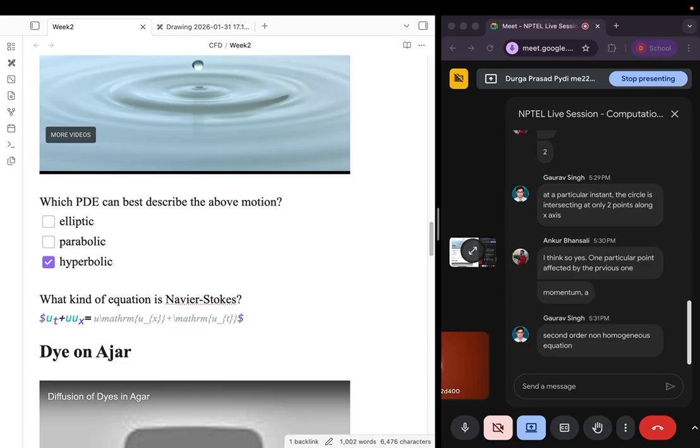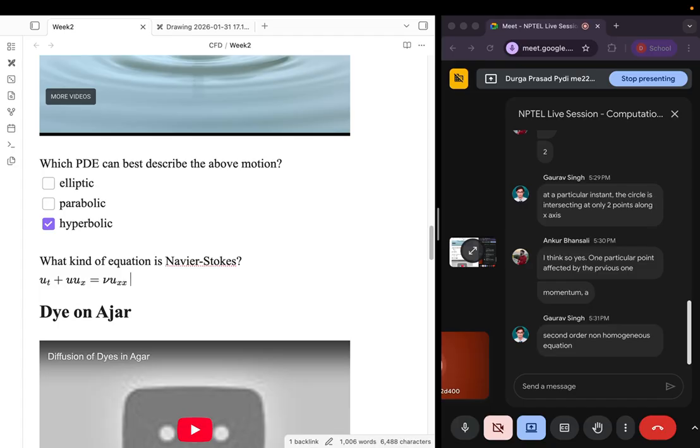Some pressure term; for now, let's not take the pressure gradient term. So you have some diffusion term, something of this form. So is this parabolic, hyperbolic? What kind of equation is this?